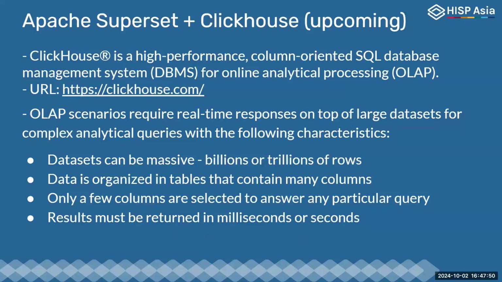ClickHouse is a very high performance database. As we all know, DHIS2 currently uses PostgreSQL, but it's not very good for querying millions of records. We have a bit of a performance issue during our implementation.